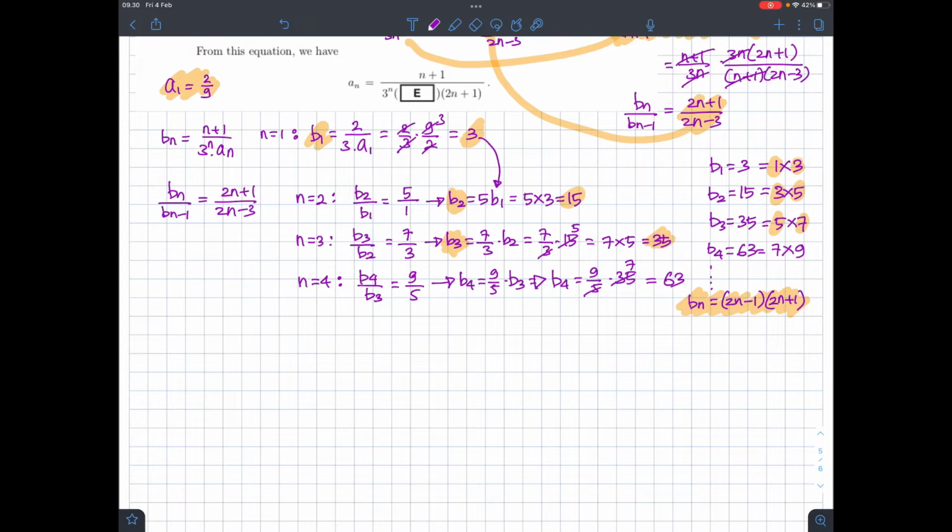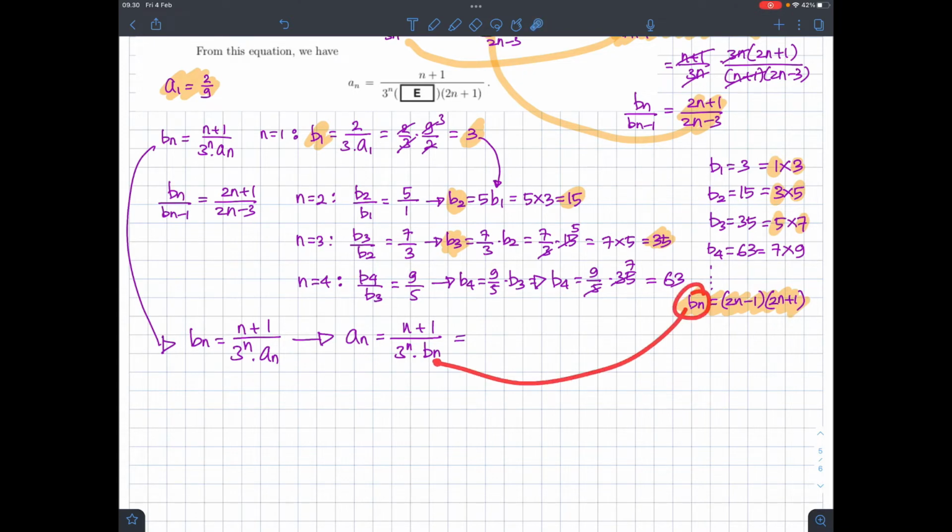So I write again here: Bn equals n plus 1 over 3 to the power of n times An. Or we can change it into An equals n plus 1 over 3 to the power of n times Bn, right? And just substitute this part here.